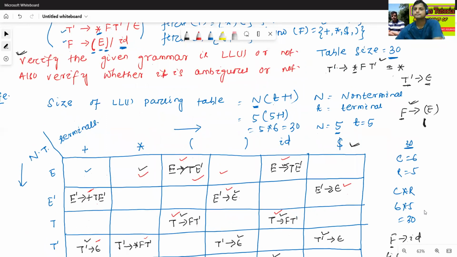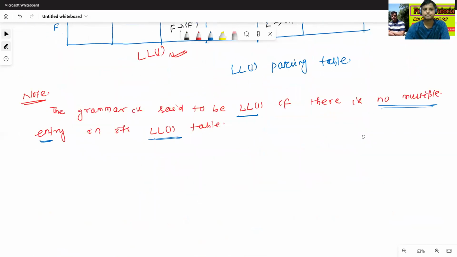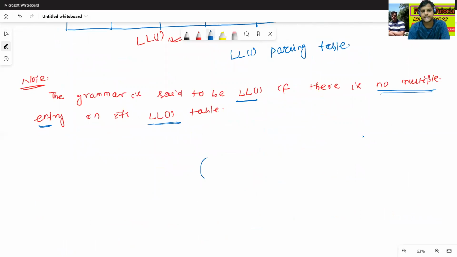Now the next question here: also verify whether it is ambiguous or not. Remember one note point here. If a grammar is LL1, then this grammar is called unambiguous.